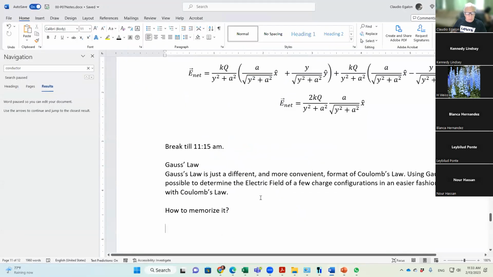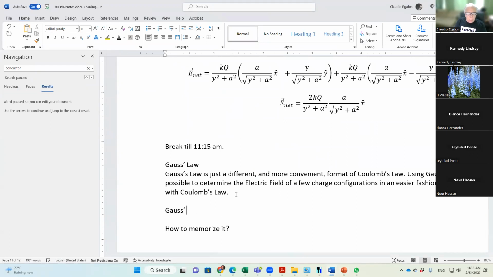One more important thing, another important thing. Gauss's law is capable of solving only certain problems that involve symmetry. Okay?